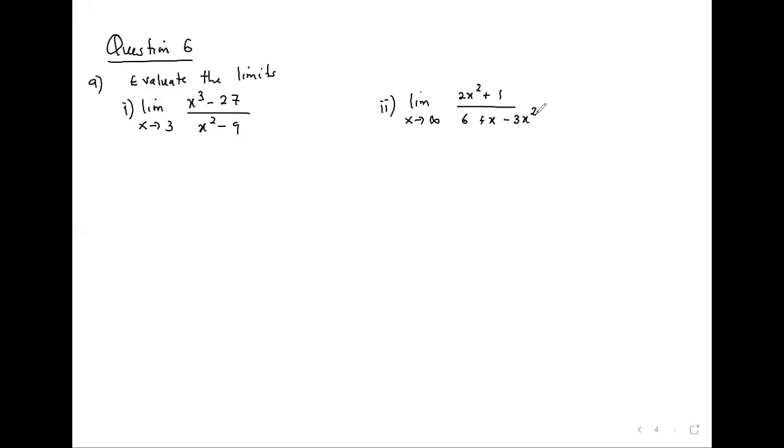For the first one, if you try to substitute 3, you get 0 over 0.